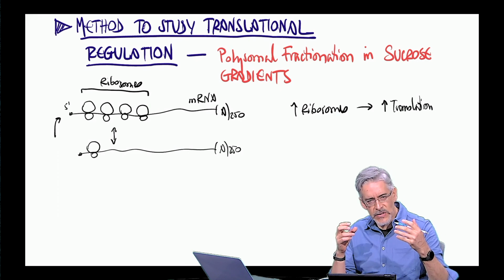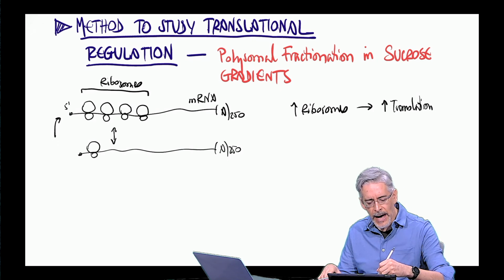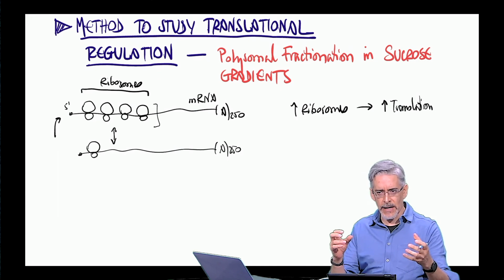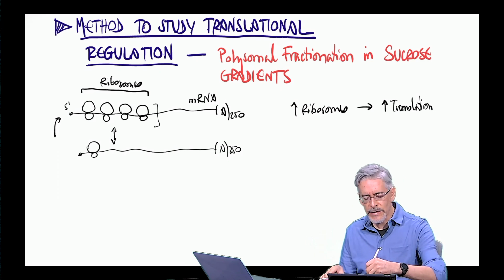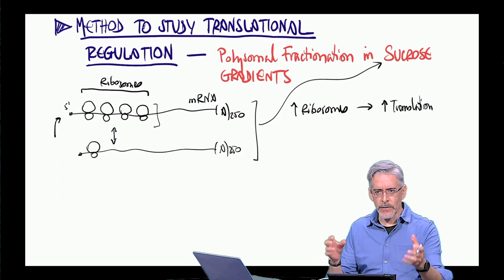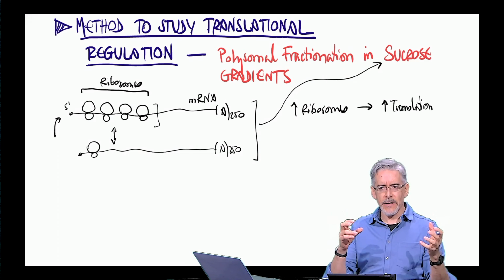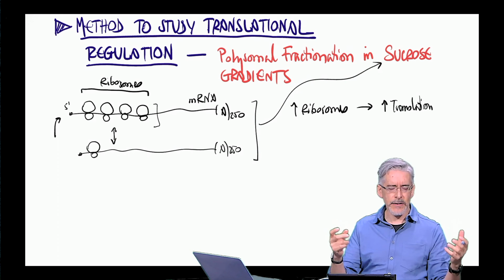And you can actually separate these messenger RNAs based on how many ribosomes are associated to a single molecule of messenger RNA. And that is what is accomplished using sucrose gradients. So you can actually separate messenger RNAs from each other based on how many ribosomes are associated to it.